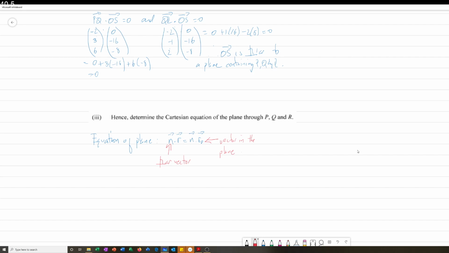So my N is OS, which is equal to 0, minus 16, minus 8, and r naught I'm using as minus 1, 1, and minus 2.